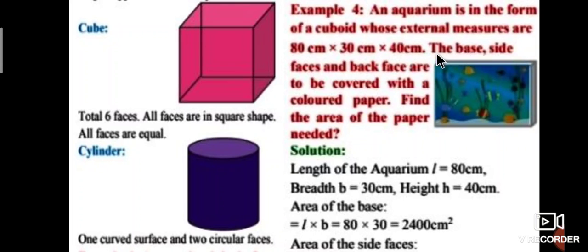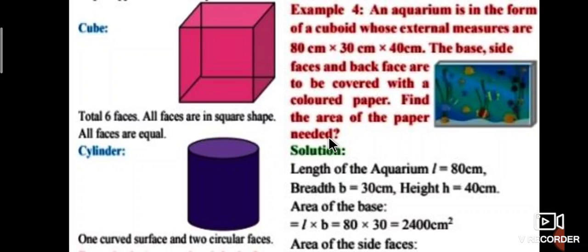The base, side face and back face are to be covered with a colored paper. Find the area of the paper needed.